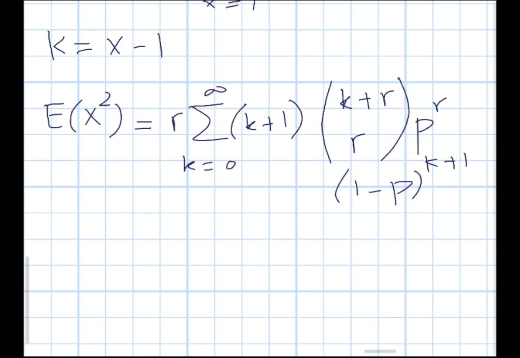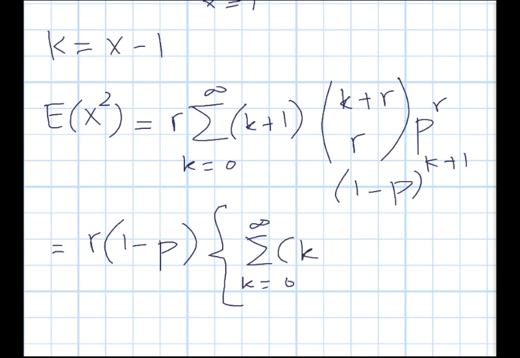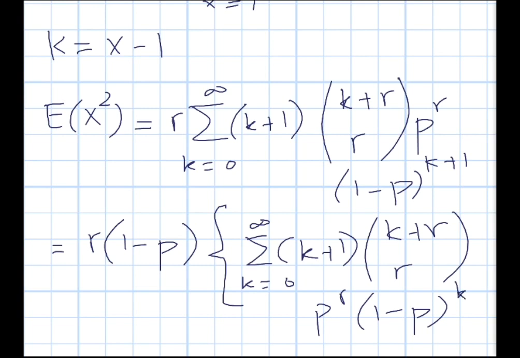Now just for simplicity, I am going to bring 1 minus p outside, so this will be r times (1 minus p) times the sum from k equals 0 to infinity of (k plus 1) (k plus r choose r) p to the r (1 minus p) to the k.